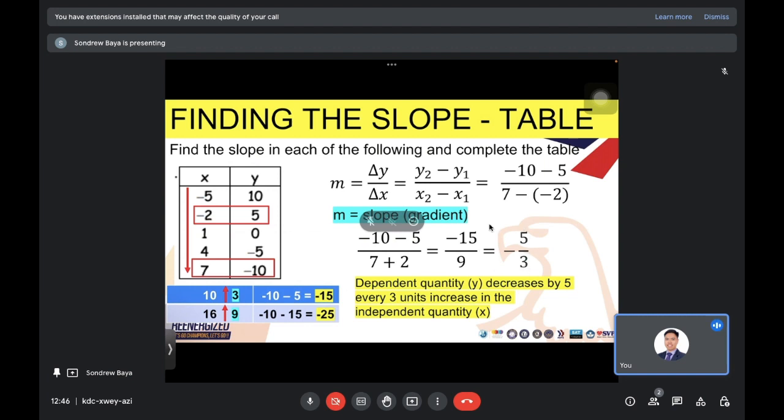Hence, we can interpret this as the dependent quantity y decreases by 5 every 3 units. Now, if we try to simplify this and make it a decimal, the value will not be exact, which makes it quite difficult. Unlike the previous one, wherein we have 1/2, which is equal to 0.5, and we know for a fact that 0.5 is easy to interpret and understand.